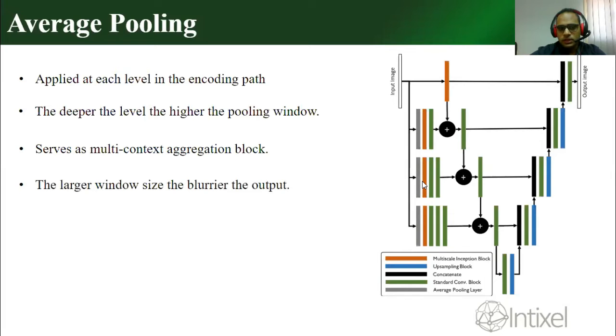The larger the window size, the blurrier the output of the pooling, so the more the network pays attention to the overall picture and not the details of each component in the picture.